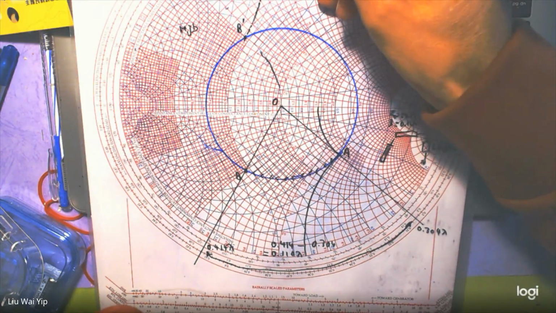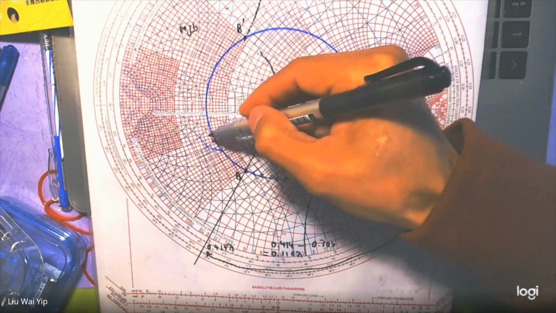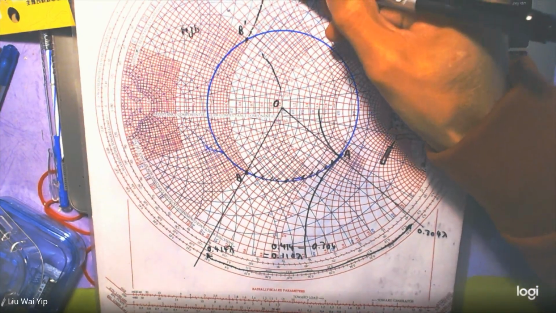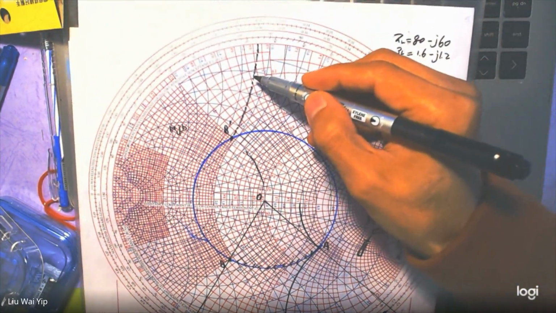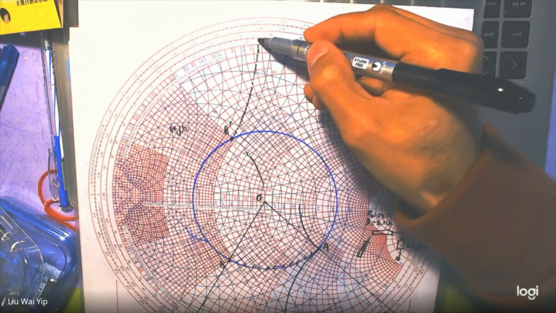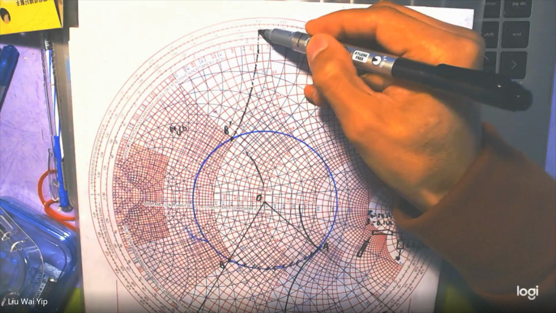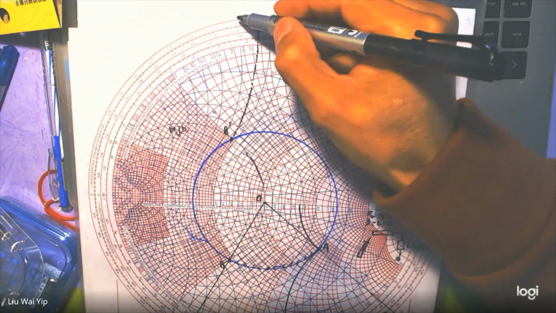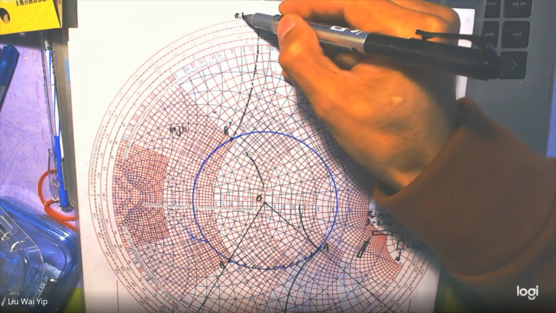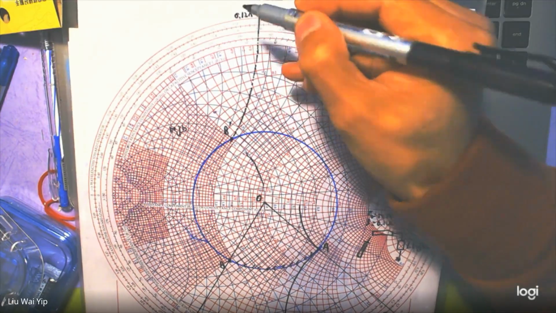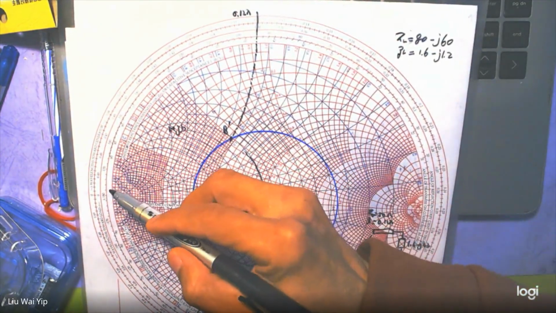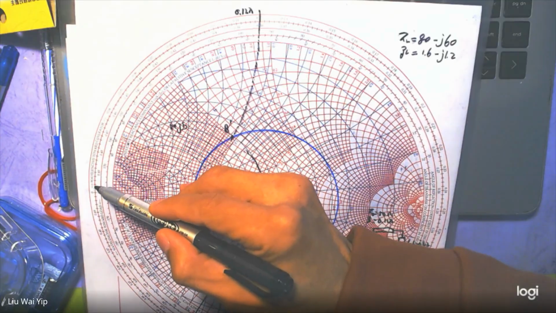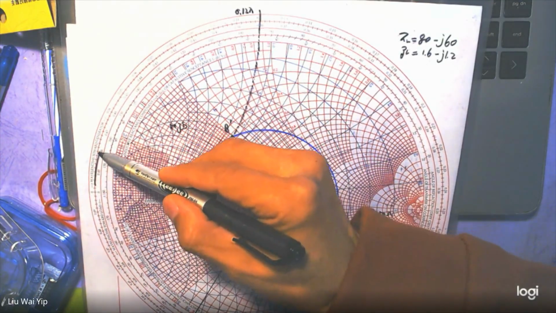For canceling off this amount, you are going to use a transmission line to do it. So I'm going to show you. You will do this until you reach the outermost circle. What I get here is 0.12 lambda, but this is the length of the short circuit stub.